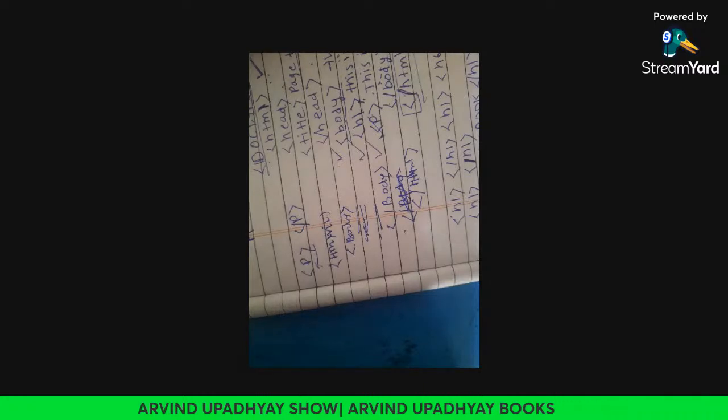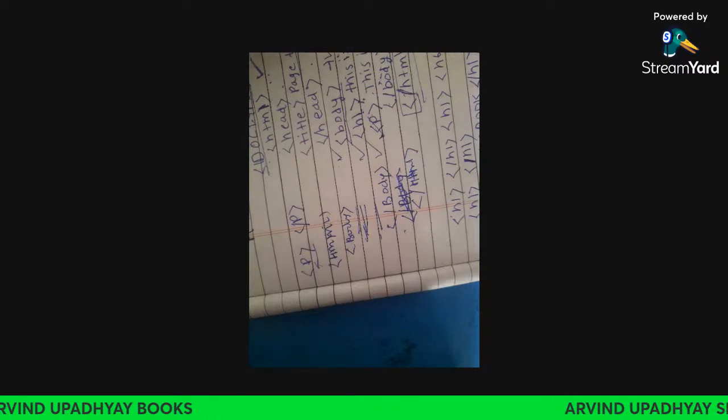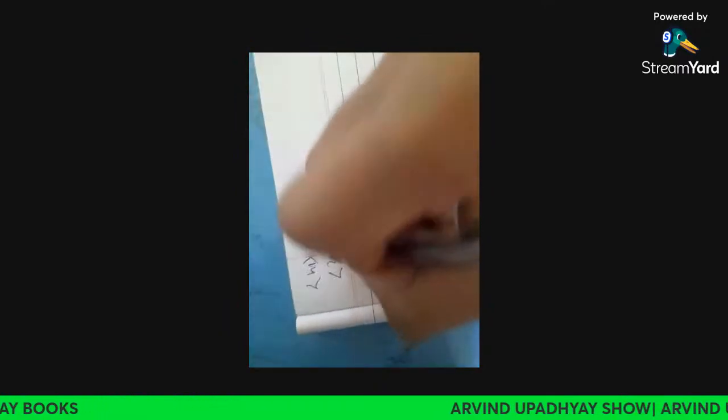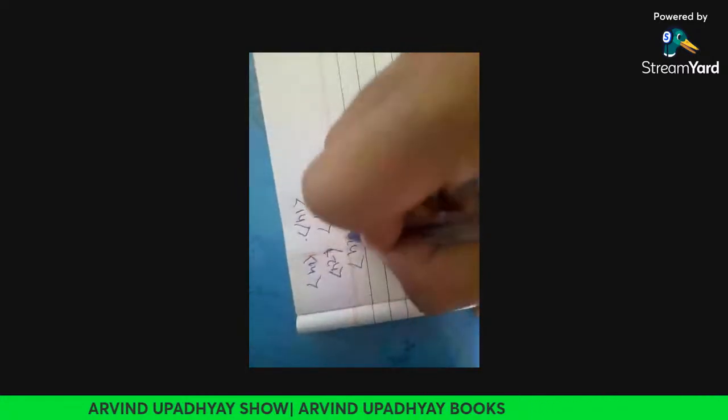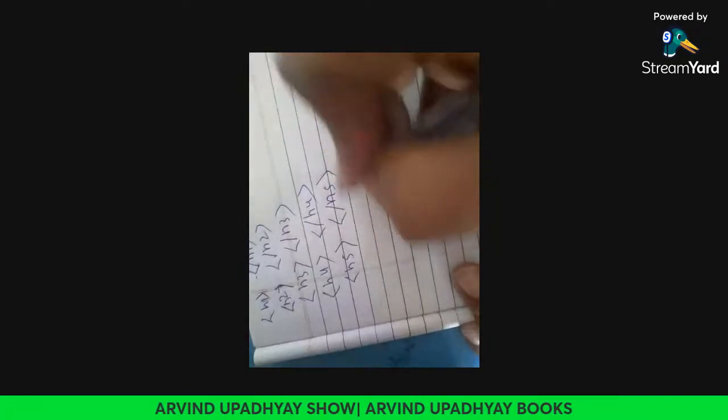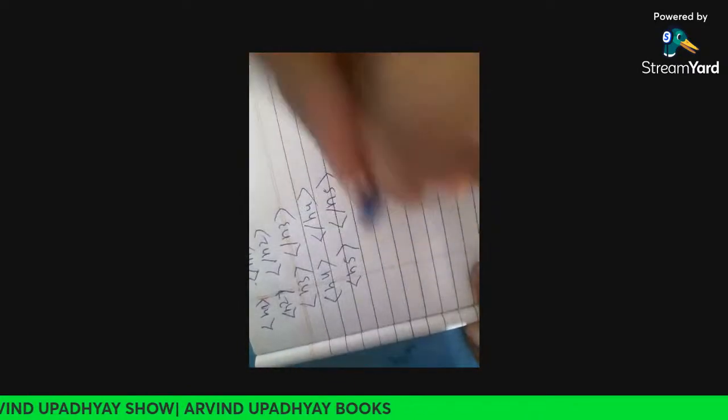I think I have talked about paragraphs and headings already, but I am repeating a little bit. In headings, you can write h1, h2, h3, h4, h5, till h6. These are the different types of headings you can add.